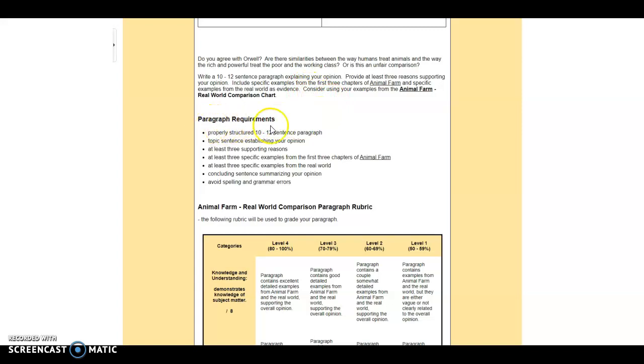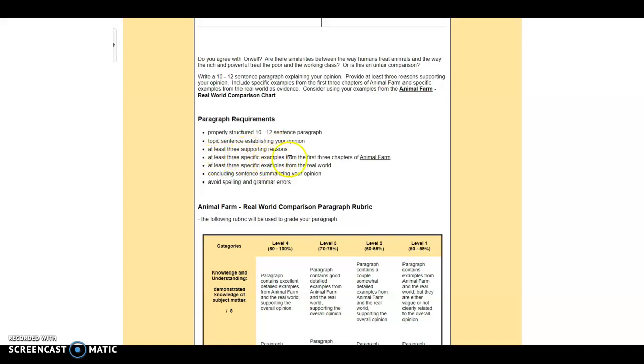Just in general, to summarize the requirements, you're going to write a 10 to 12 sentence paragraph. You're going to have a topic sentence establishing your opinion on this question right here. You're going to have at least 3 supporting reasons. 3 should be fine. You shouldn't need 4 or 5, but if you have an extra one, you can certainly include it.